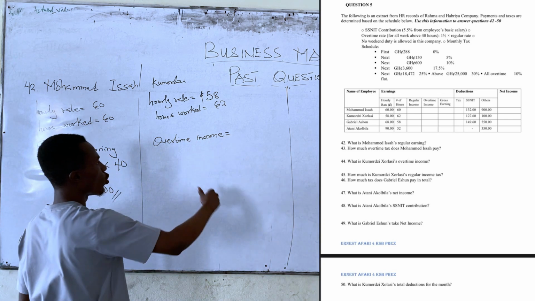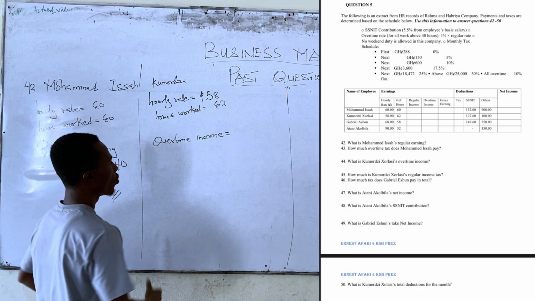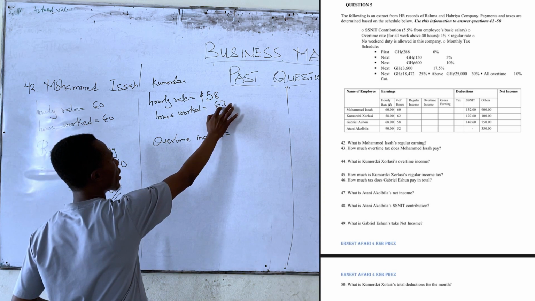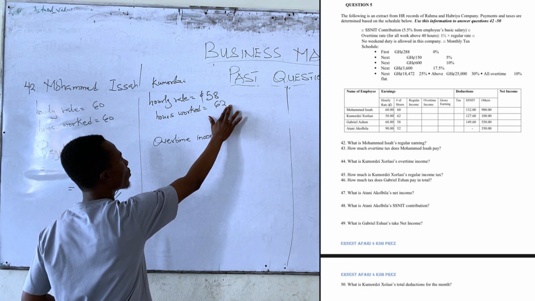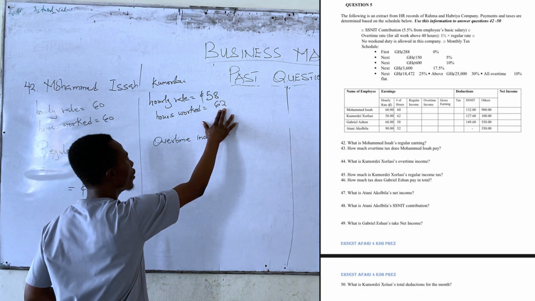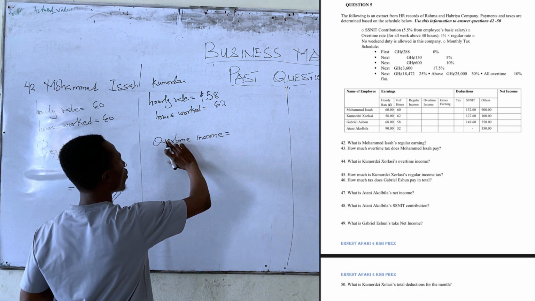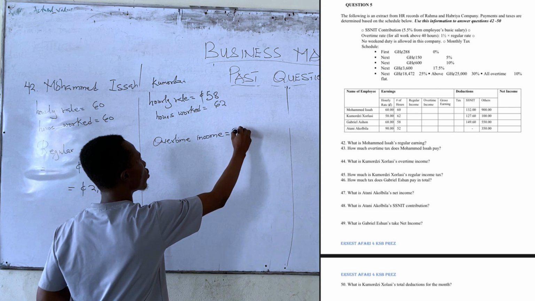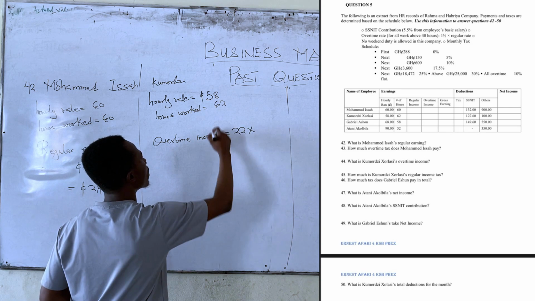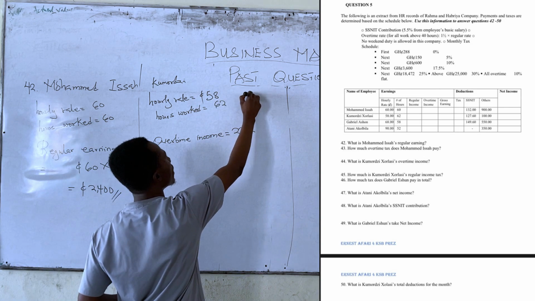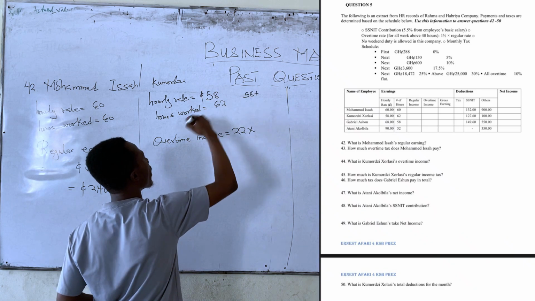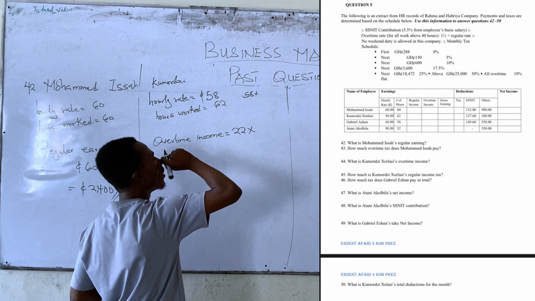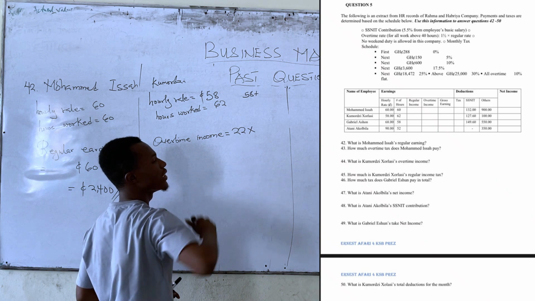Other than that, if you don't have a question under it like that, you take the remaining on 40. So you are going to be left with 22. So your overtime hours is 22 times the rate, which is 58. Then you divide 58 by 2. Is it 29?